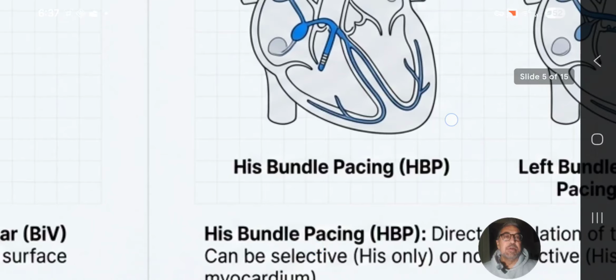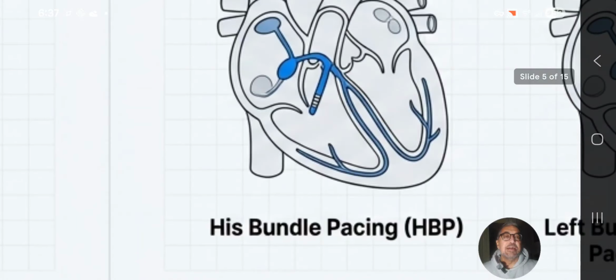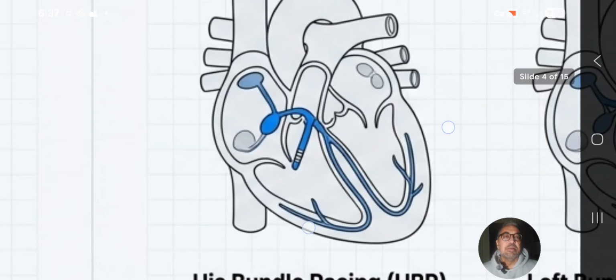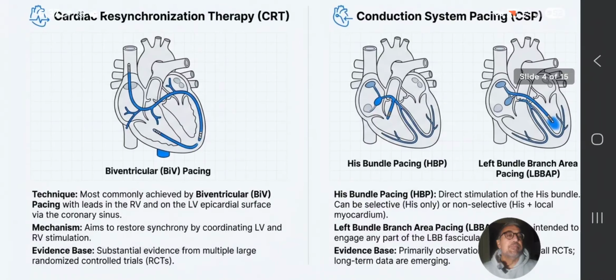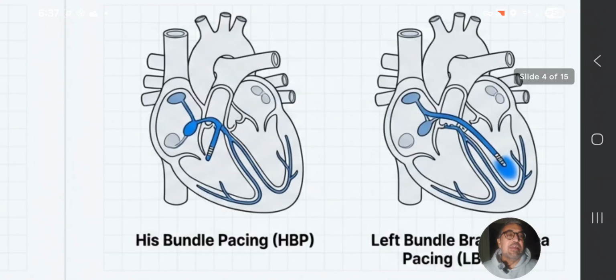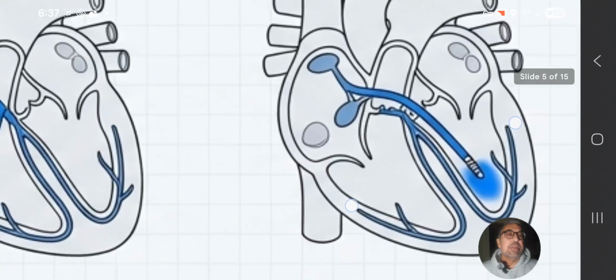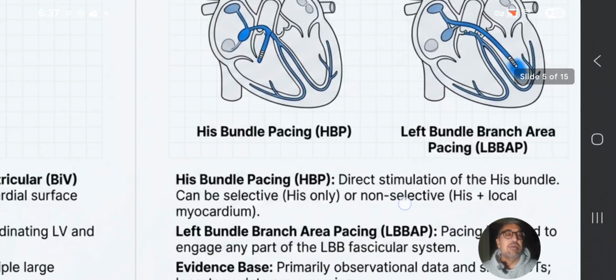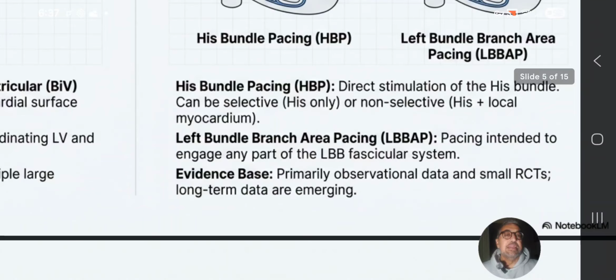In His bundle pacing, the pacing occurs at the level of the His bundle, and direct stimulation of the His bundle causes selective His-only or non-selective His plus local myocardium capture. In left bundle pacing, the pacing occurs at a lower level.